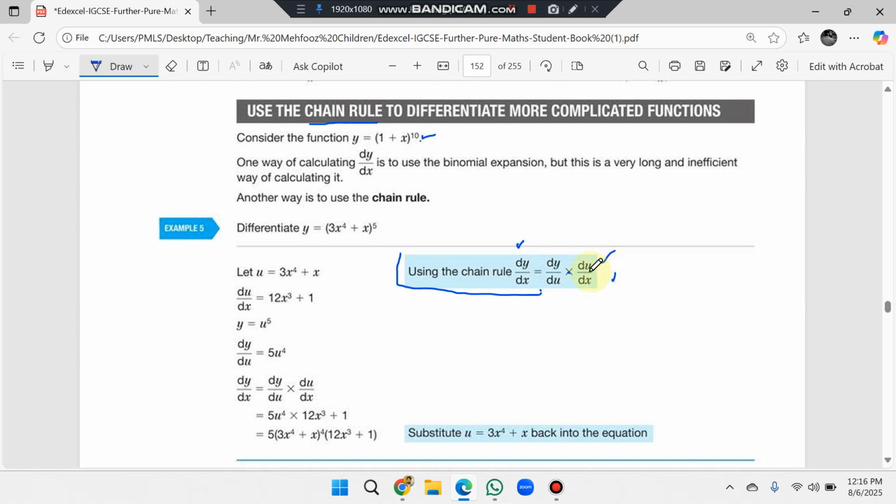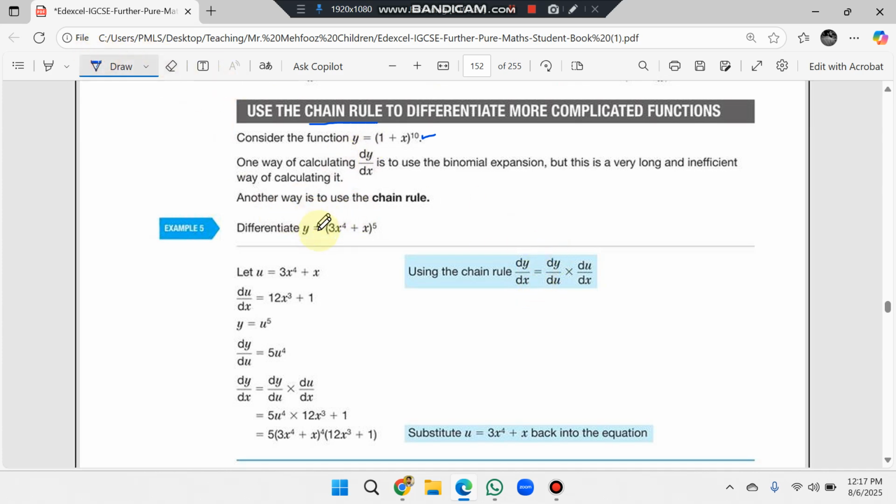Mathematically, if you look at the right side, du can be cancelled by du. Now you can see that the left-hand side and the right-hand side are the same, but we are not allowed to cancel these terms, because we have to use these terms in the question.